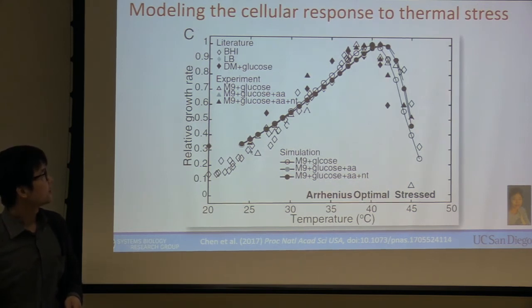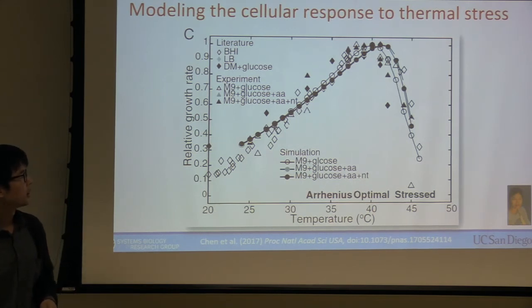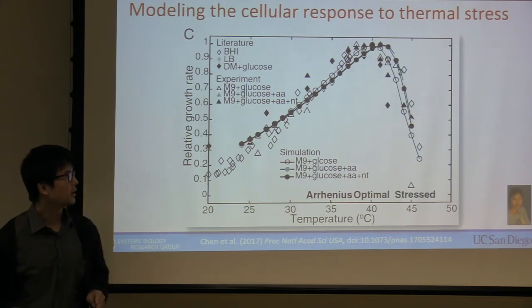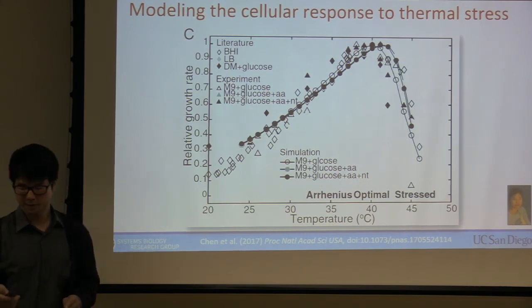There's quite a bit of growth rate dependency on temperature, decreasing by more than 70%. So something's going on when cells are thermally stressed.